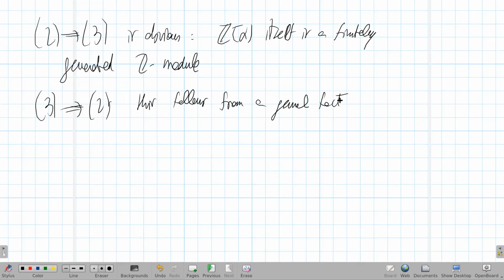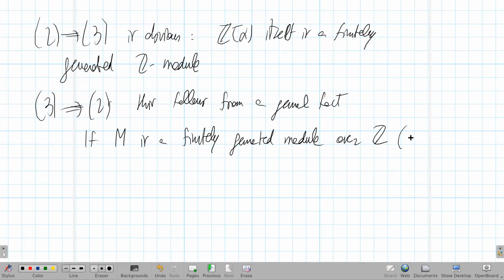This follows from a general fact that if M is a finitely generated module over Z, so finitely generated means that all elements are a combination of a fixed finite number of elements.